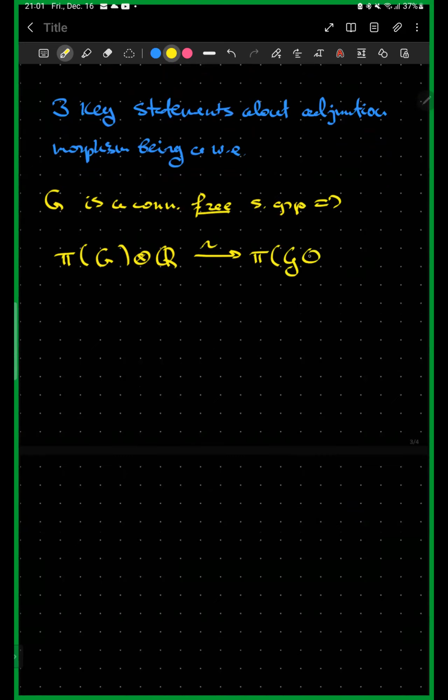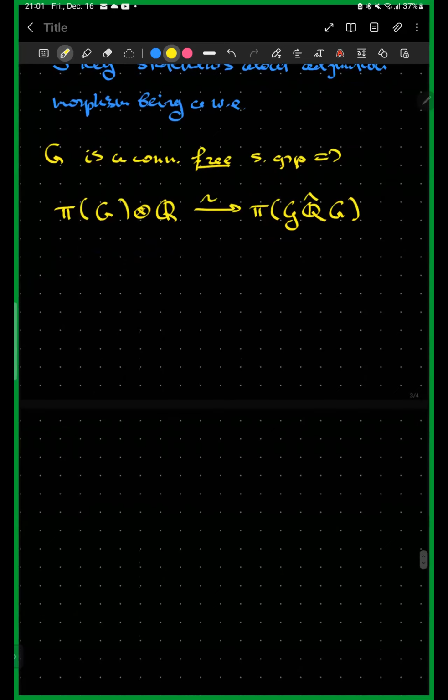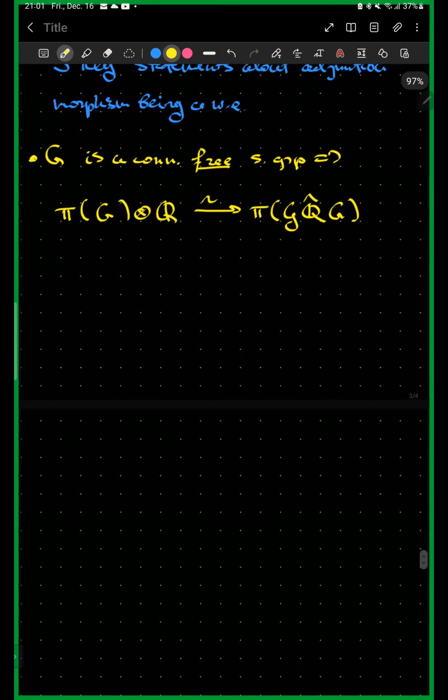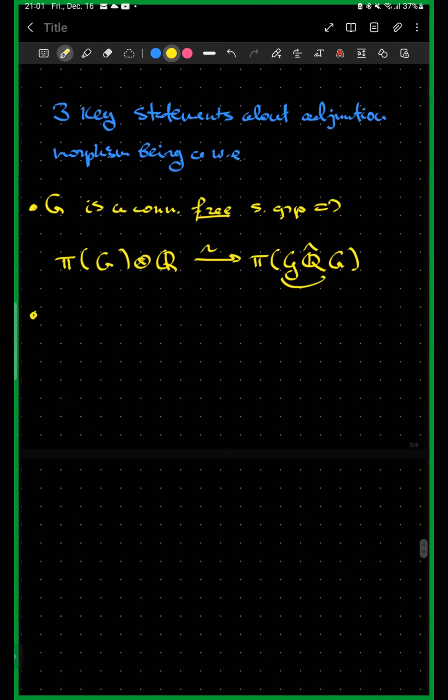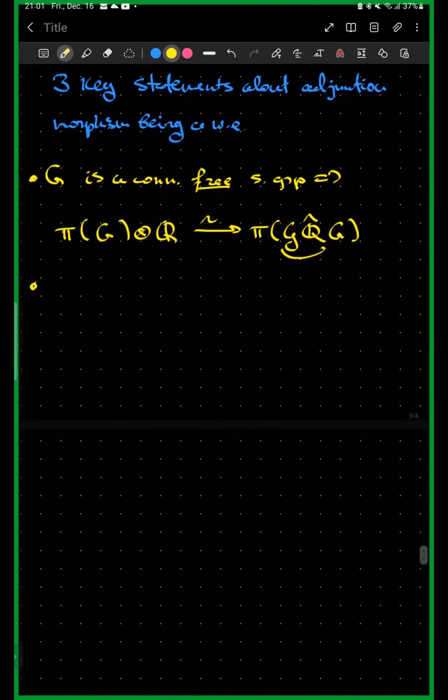This equivalence is induced by the adjunction morphism. So this is a statement about groups, and basically it shows that this pair of functors satisfies condition 3 of the proposition which I stated above, and this means that they induce an equivalence on homotopy categories.